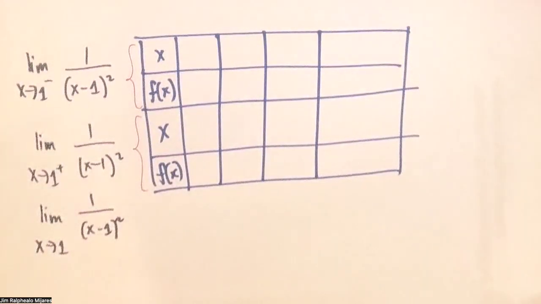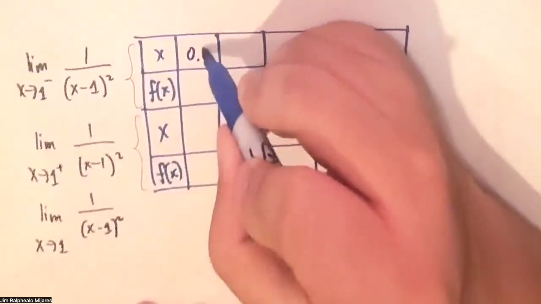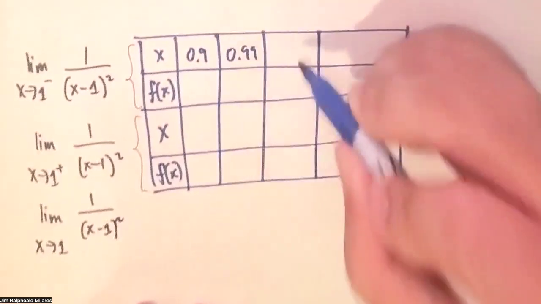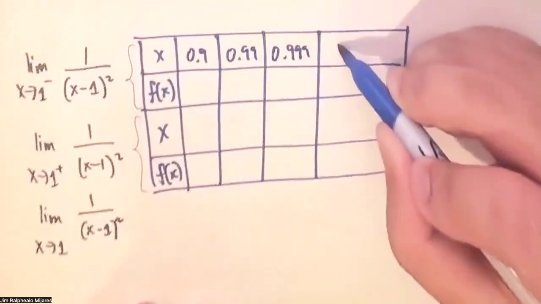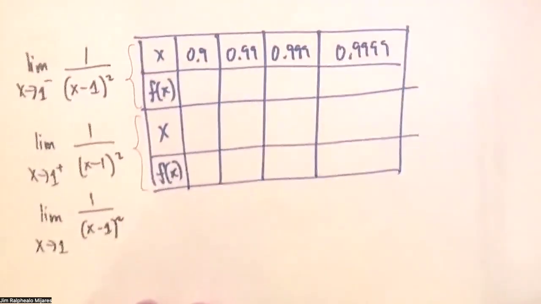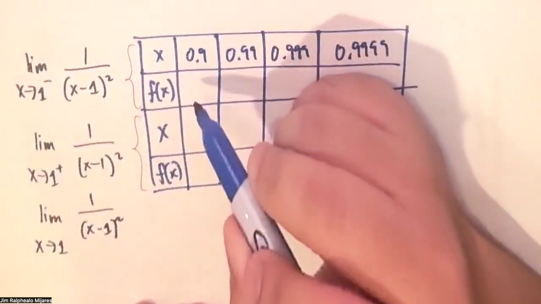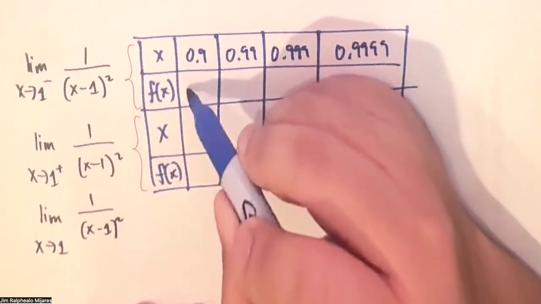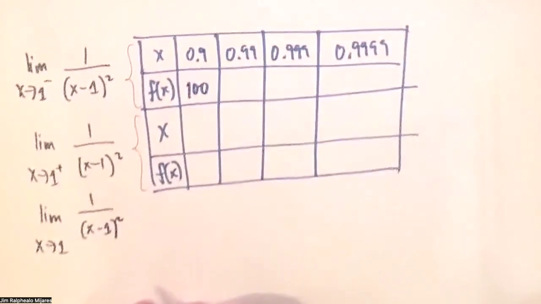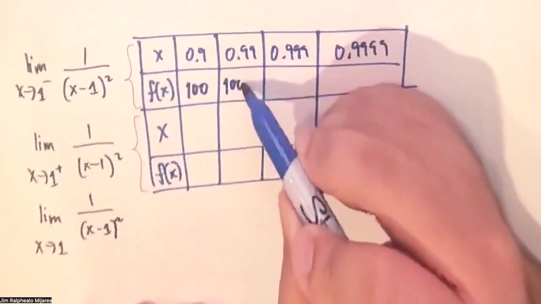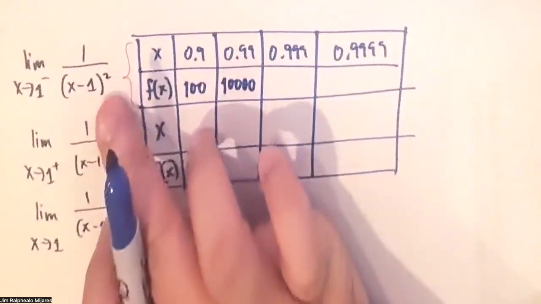Numbers close to 1 that are to the left of 1, what are examples? 0.9, 0.99, 0.999, 0.9999. And what do we get? 100, I think. Then you add two zeros every time, and it's always positive because it's squared.